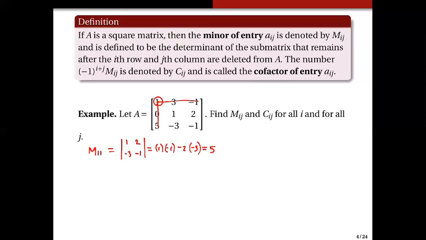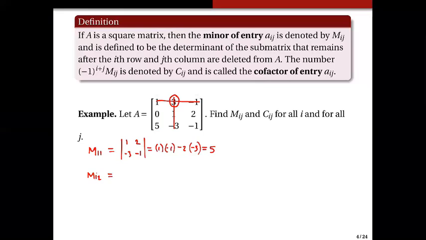Now, let us consider M12. This time, we will be looking at the entry a12, first row, second column. This is the row that we are going to delete, and this is the column that we are going to delete.